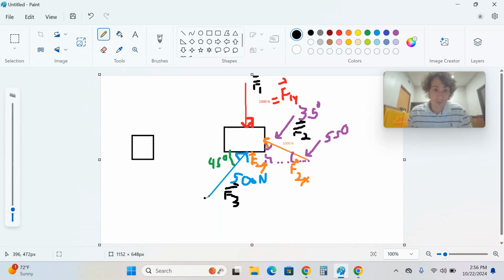We should draw our triangle, so we have maybe up and to the right. And then, of course, the names. This is your up-down, this would be F3y. And then this would be F3x. It's really hard to draw like this with the mouse.